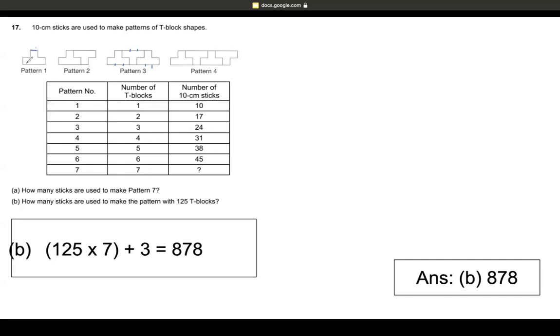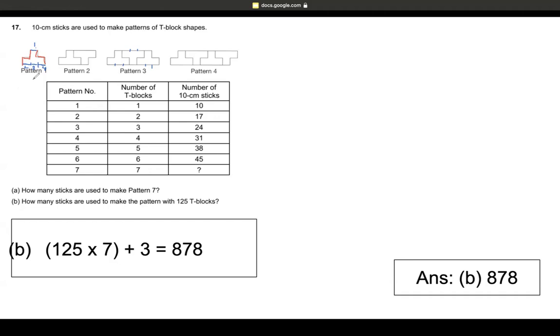Okay, so in order for you to find the perimeter, see this T shape at the top, there are actually 3 10-centimeter sticks. So there's 1 at the top and 2, 3, 4. And then you also notice that the sides are made up of 6 sticks. 1, 2, 3, 1, 2, 3.